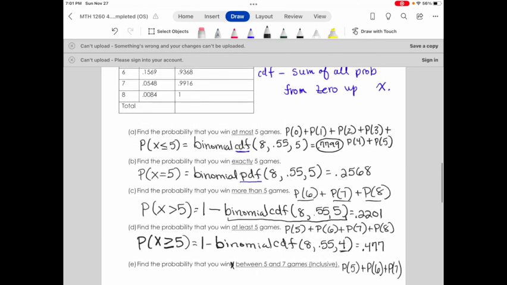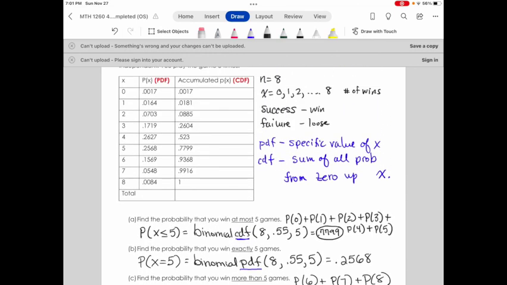If you look up here, since we have the individual probabilities listed out here in my PDF column, I could just simply add these since these are the ones that we want. So I could do PDF 3 times for 5, 6, and 7 and add up those values.